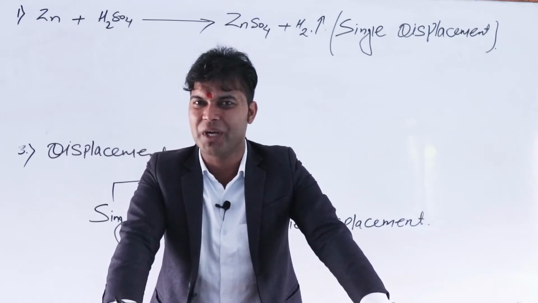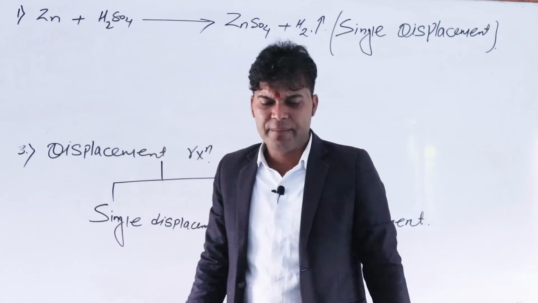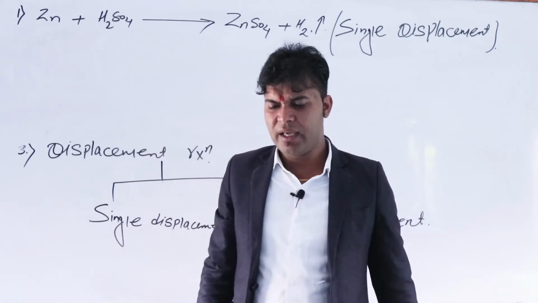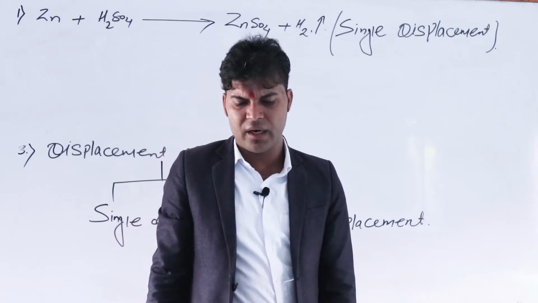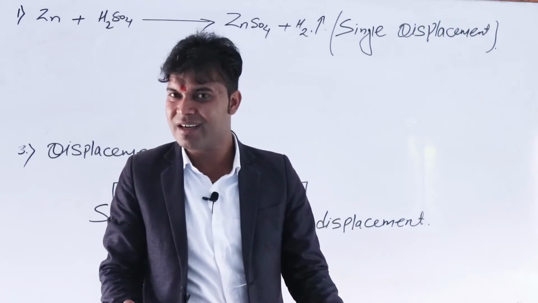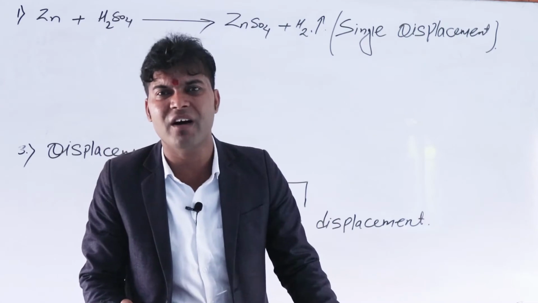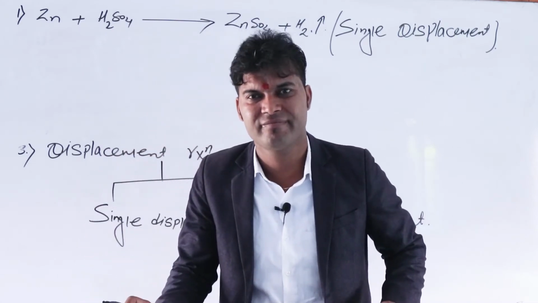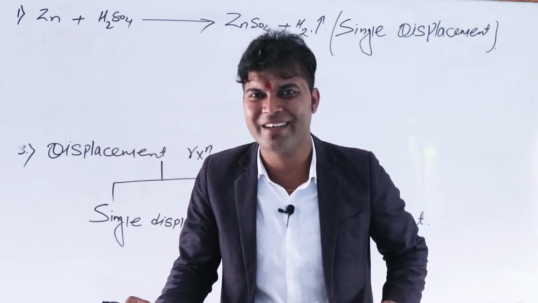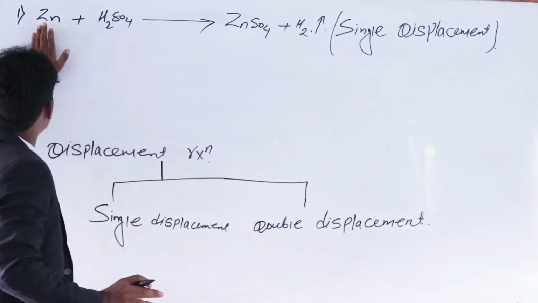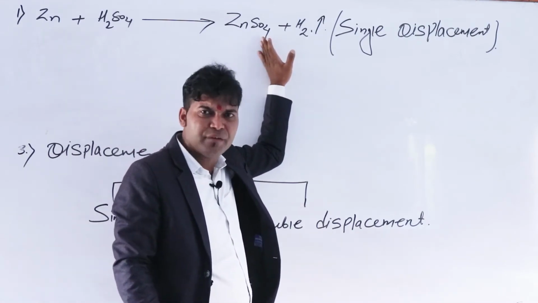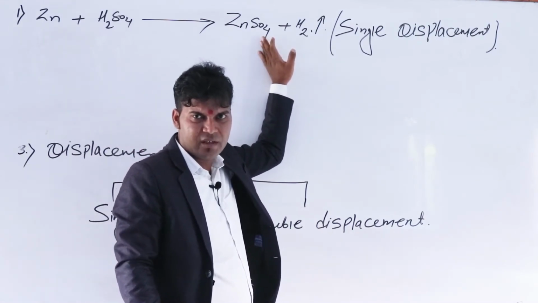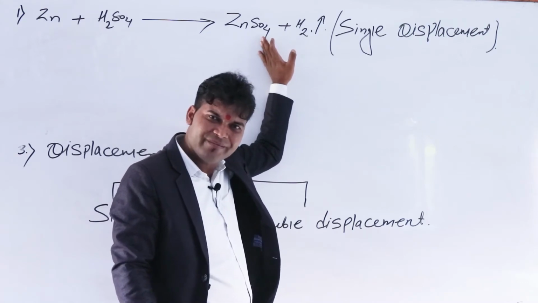In these chemical reactions, an atom in a molecule is replaced by another atom. Look here, here is the Zn. Zn replaces the H2 and forms the ZnSO4. It is the single displacement reaction. Clear? Okay.